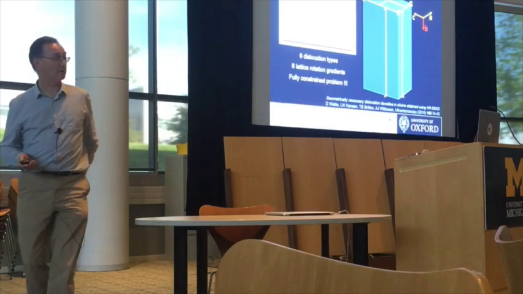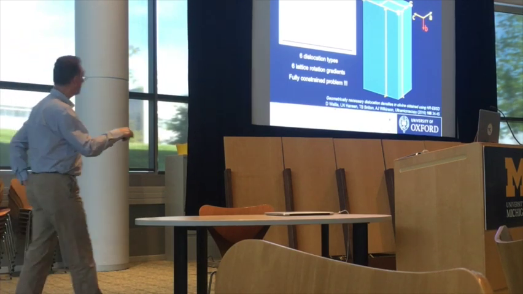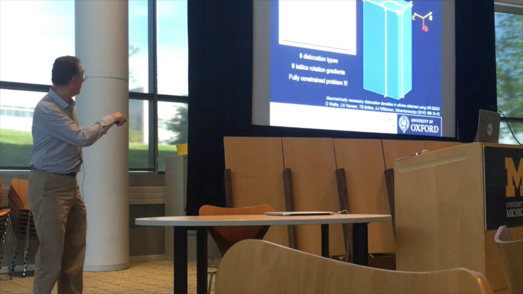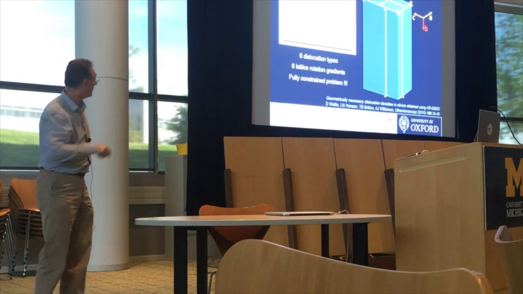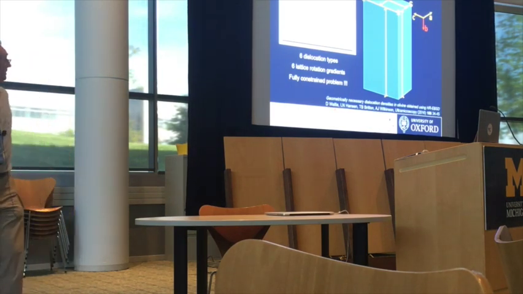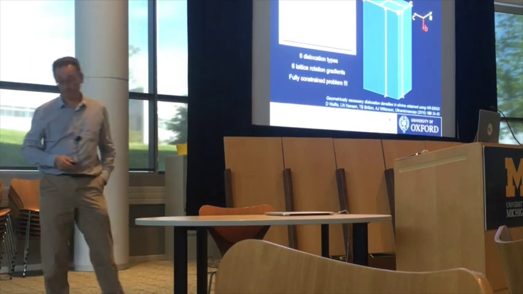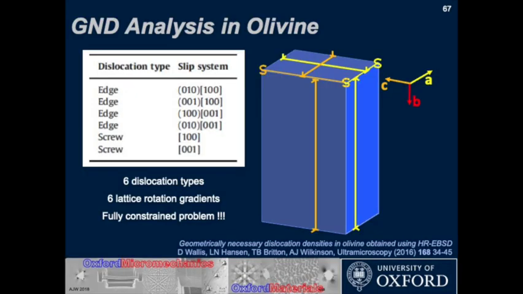This is work we've been doing with colleagues in Earth Sciences, so Dave Wallace, who's now moved and is in Utrecht, and Lars Hansen, a colleague of mine in Earth Sciences in Oxford, looking at deformation of olivine. Steve put some slides up about this, which is good.